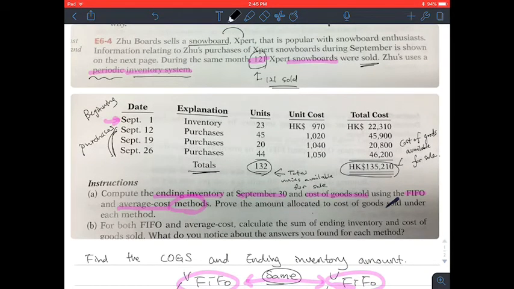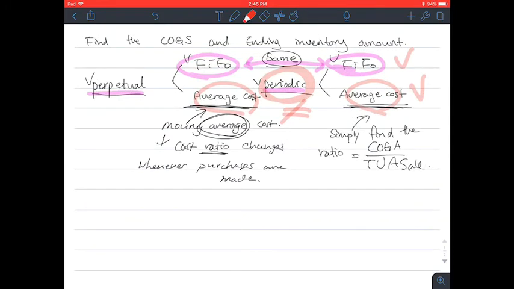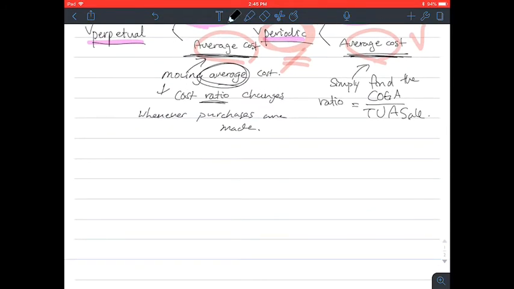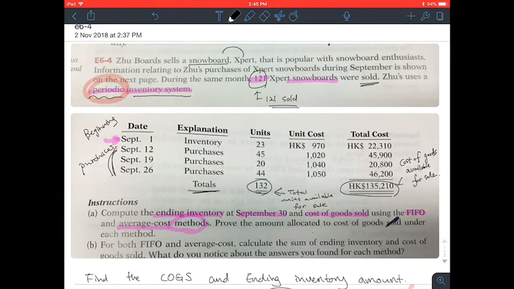Here it says use periodic inventory system. So we are going to do this one, periodic, and we know we're going to do FIFO and average cost. Okay, let's do the FIFO first. So we know 121 units were sold, and we know that total units available for sale is 132.